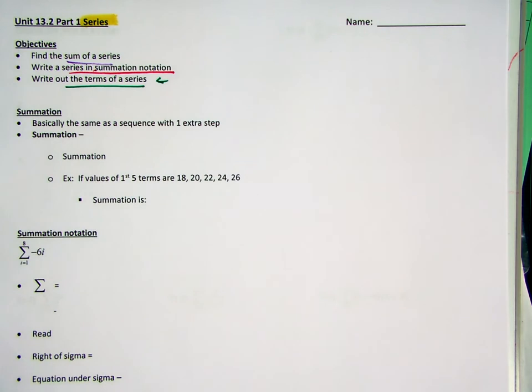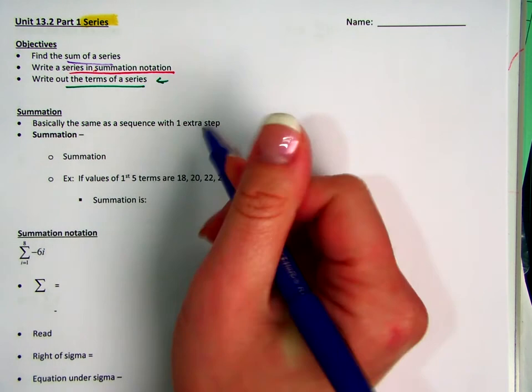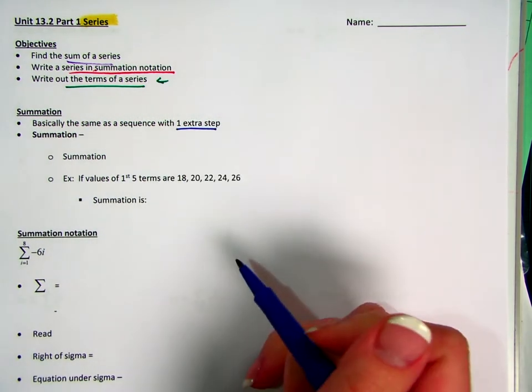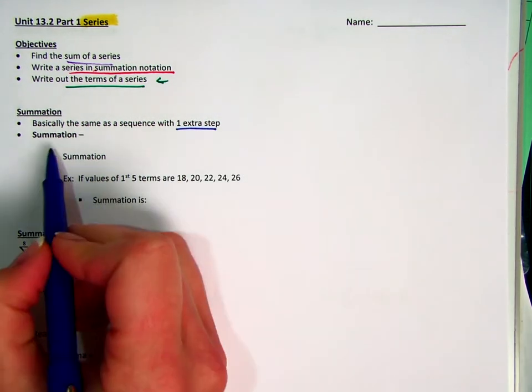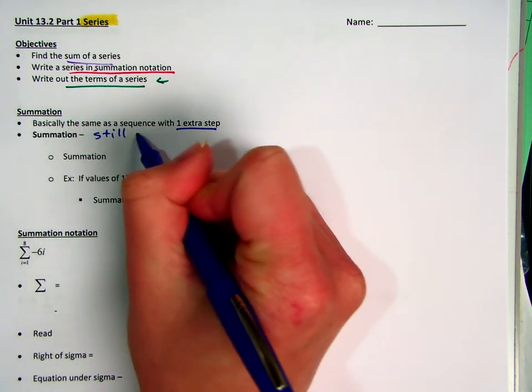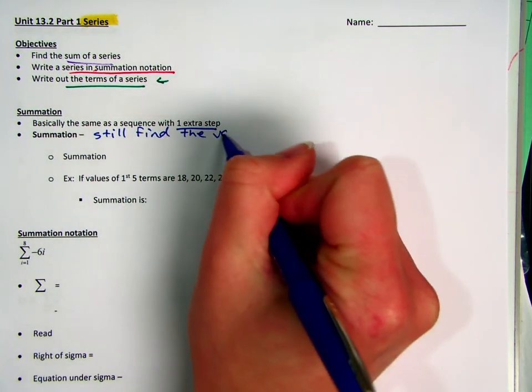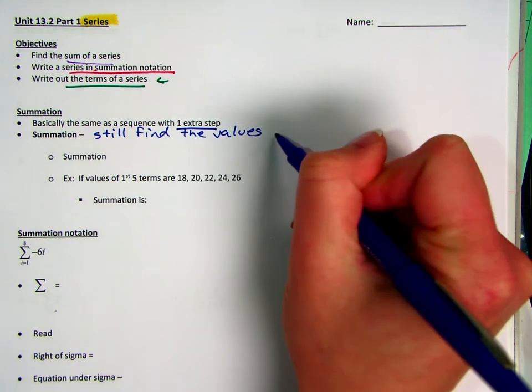All right, so first of all, if we're going to be talking about series, it's really this idea of a summation. So you need to know what a summation is. Basically, with a summation, you're going to do the same things as you did with a sequence, but with one extra step. In order to be a summation, you're still going to find the values of each term.